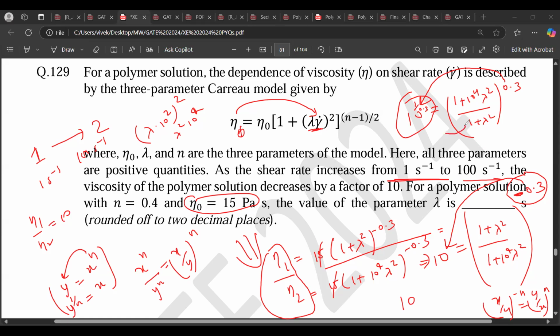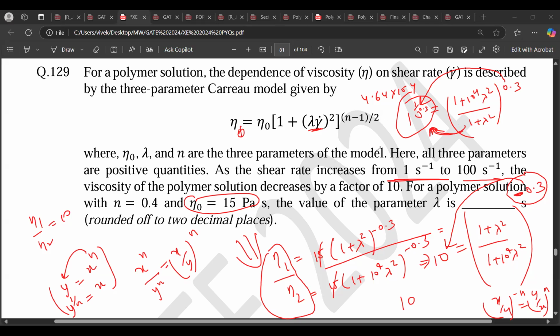And then you transfer this, it will become lambda square form. If you transfer this to the left hand side, the form of the equation will become very simple. It will become 1 plus, I think this will become 4.64 into 10 to the power minus 4, if you multiply this to this side.